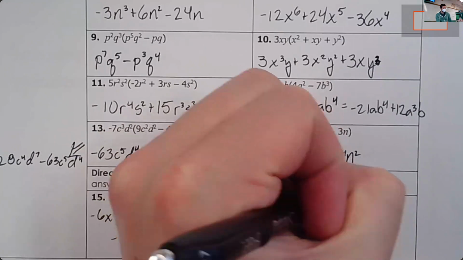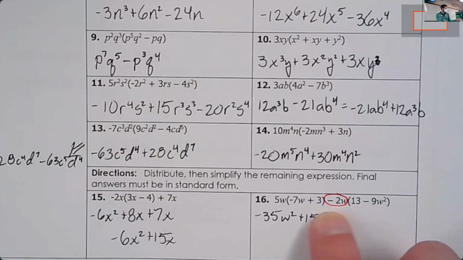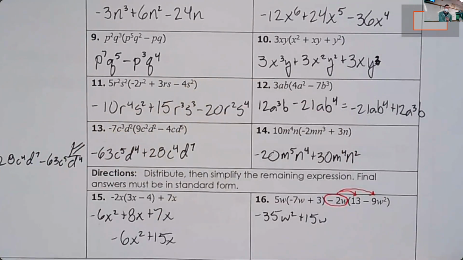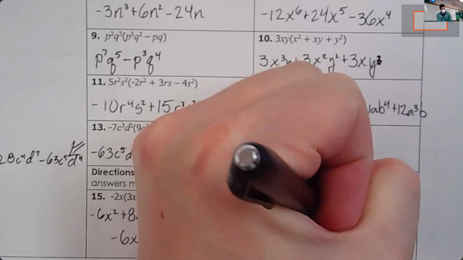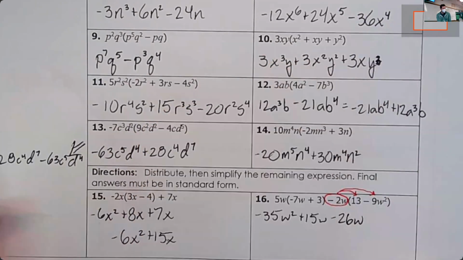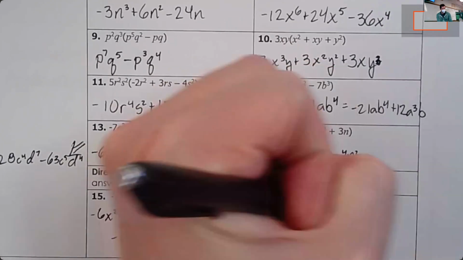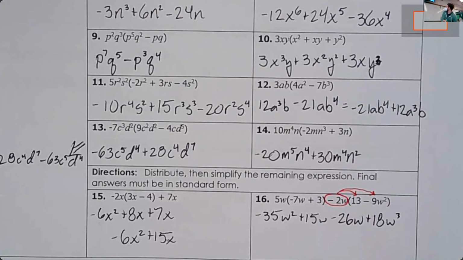And if that helps you, circle the entire term plus the symbol to the left of it. Definitely do that if that's helpful to you, because that needs to be multiplied by a negative 2w. So negative 2 times 13 is negative 26, so minus 26 with a w. Negative 2 times negative 9 is positive 18. W and w squared gives us w to the third power.